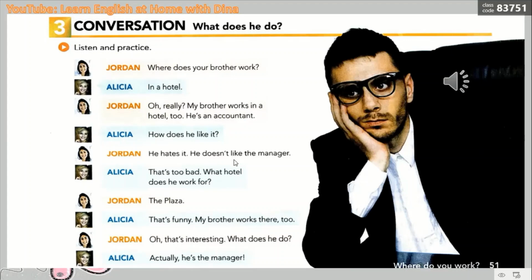Page 51. Exercise 3. Conversation. What does he do? Listen and practice. Where does your brother work? In a hotel. Oh, really? My brother works in a hotel too. He's an accountant. How does he like it? He hates it.